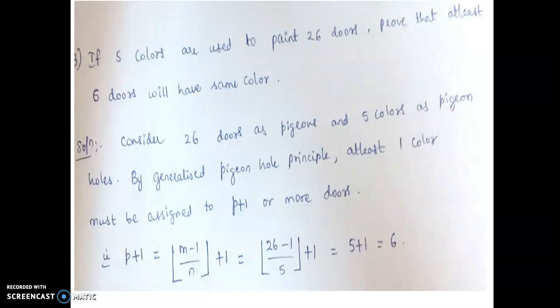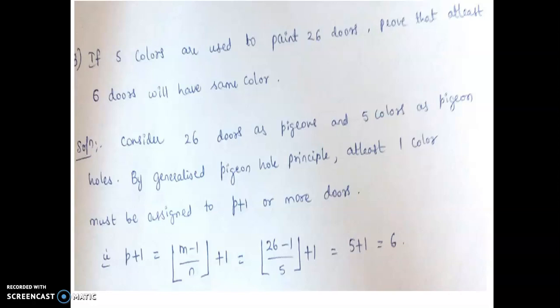If five colors are used to paint 26 doors, prove that at least 6 doors will have the same color. So five colors are taken as pigeonholes and 26 doors are taken as pigeons. Always the pigeons are more in number, as I told.